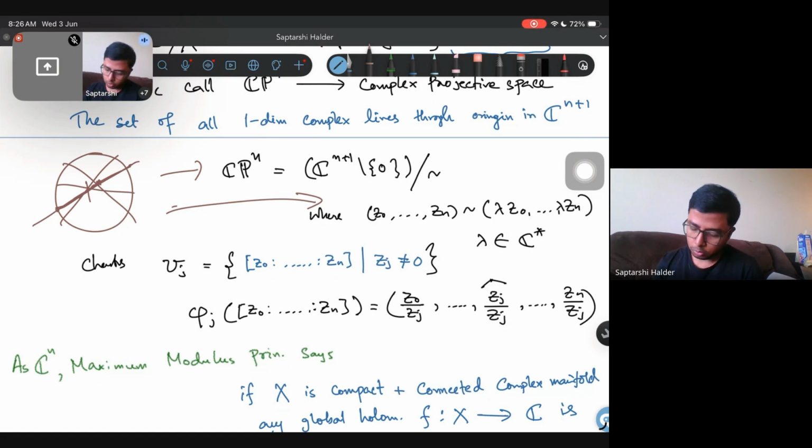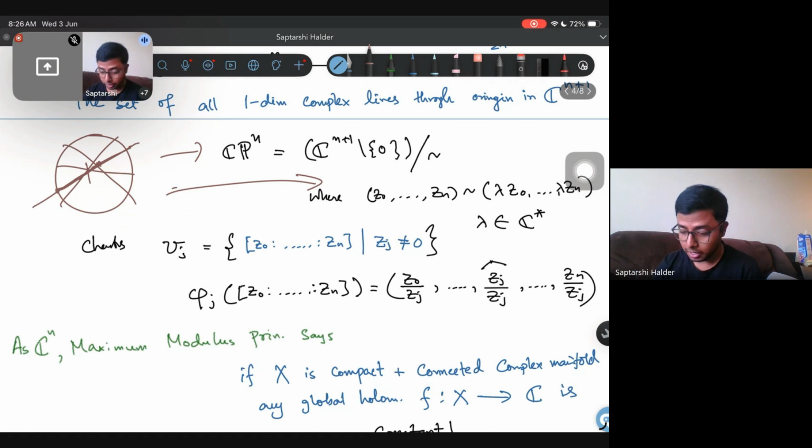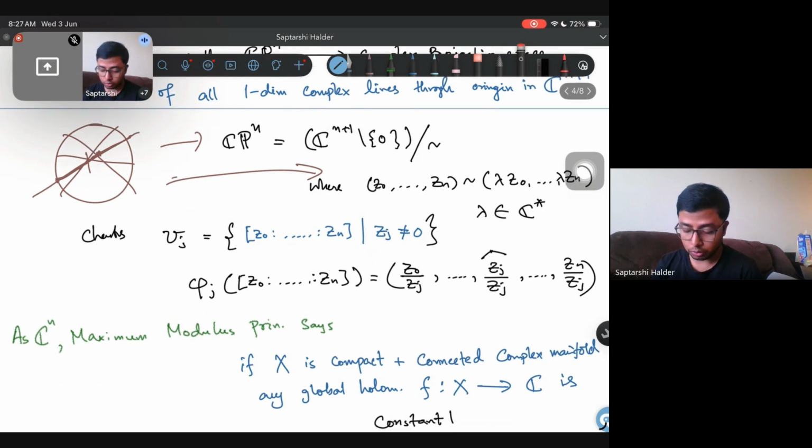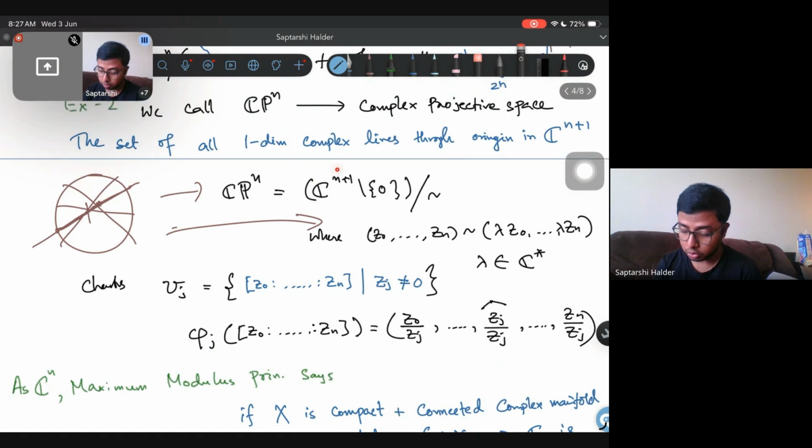Okay, so here I can give you the explicit open sets. The open sets are like this when Zj is not equal to 0. These are the open sets, a subset of C^(n+1). Remember that it should contain n plus 1 coordinates.